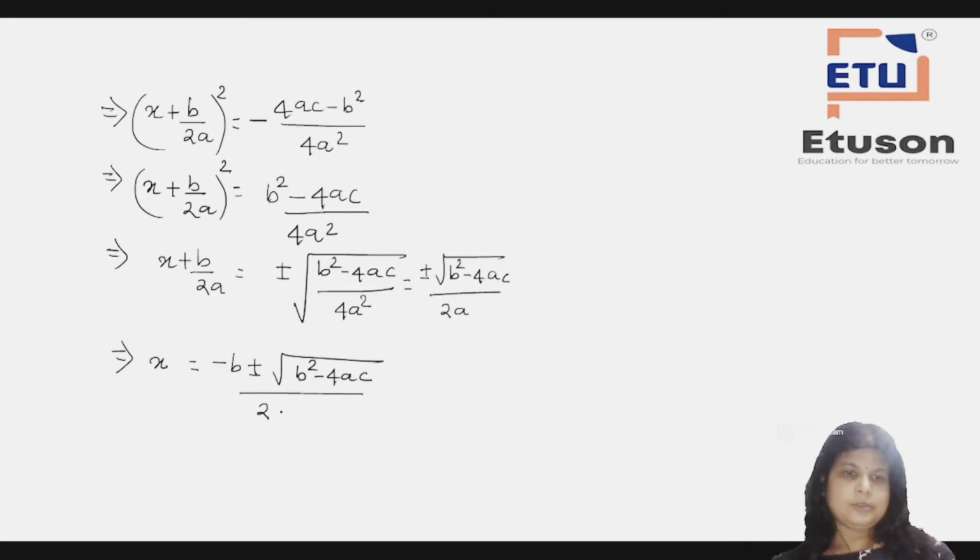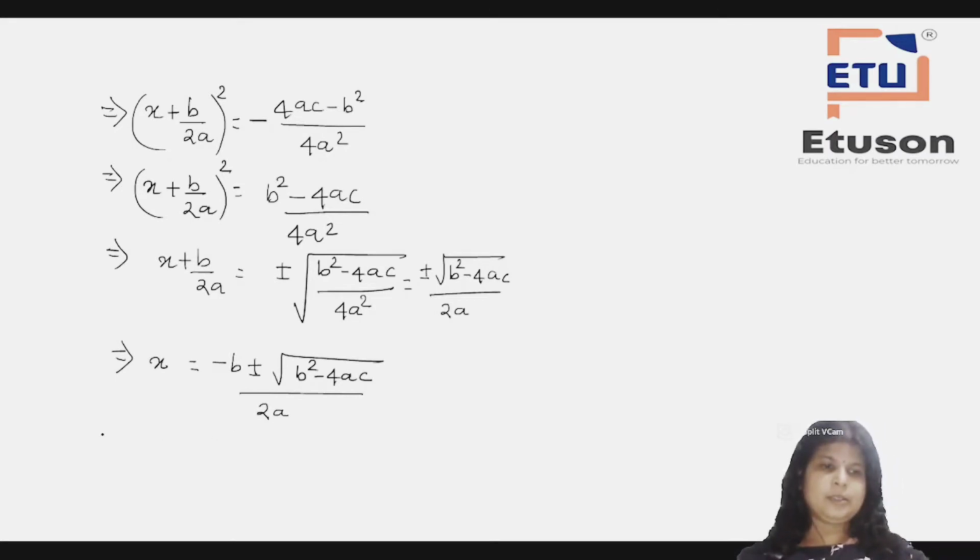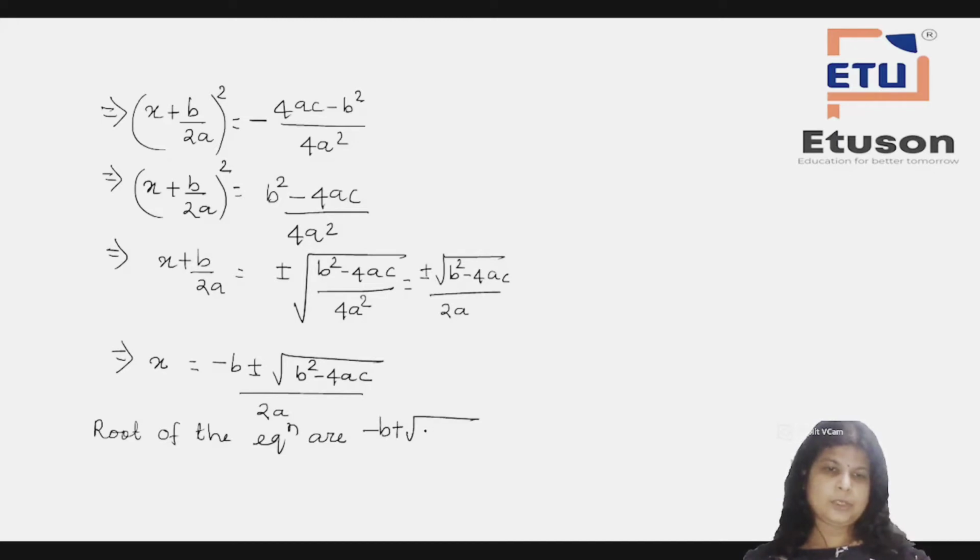Correct? So what are the roots of the equation then? So the roots of the equation are minus b plus square root of b square minus 4ac by 2a and minus b minus square root of b square minus 4ac divided by 2a.